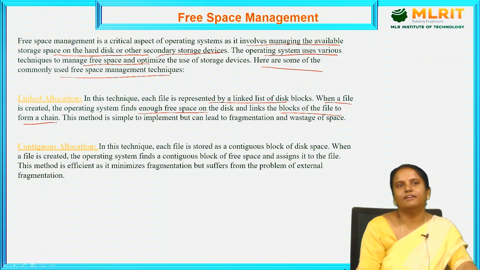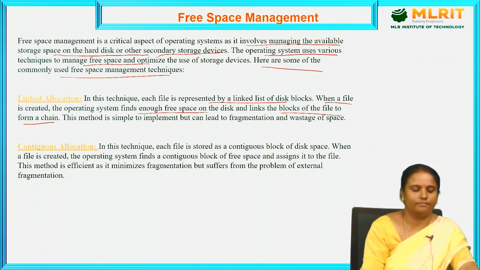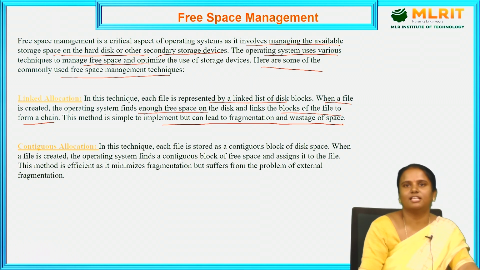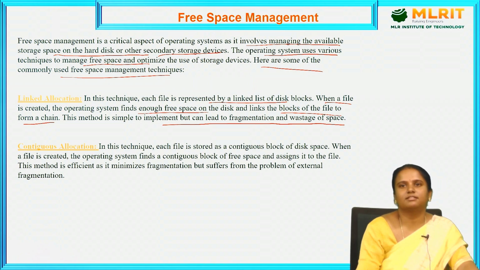A chain is nothing but a path. So whenever you want to locate that file, you can take that path and access that file. This method is simple to implement but can lead to fragmentation and wastage of space. Yes, because of creating and deleting files, wastage of space may happen in linked allocation.